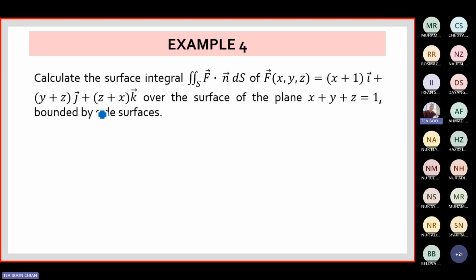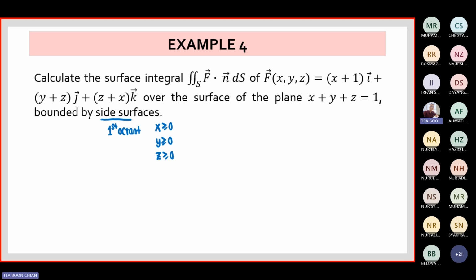All right, bounded by the side surfaces is actually the same meaning as first octant. Okay, just in case if you are not aware, side surfaces has the similar meaning as first octant, which means x must be bigger or equals to 0, y must be bigger or equals to 0, z also must be bigger or equals to 0.